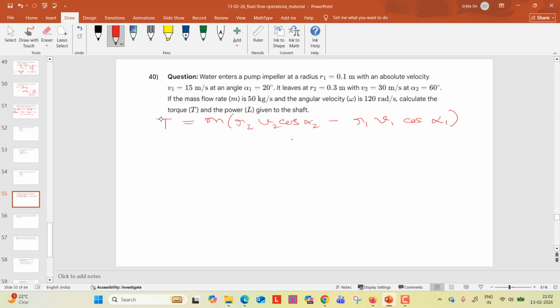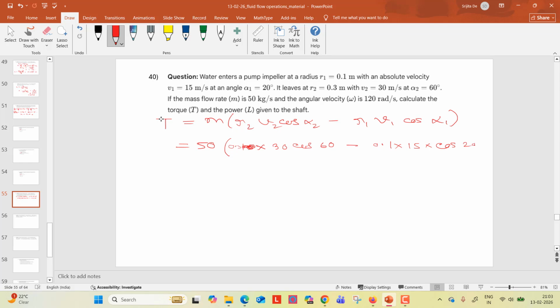So it is 50 into r2 is 15 into v2 is 30, cos alpha 2 is like cos 60, minus r1 is 0.1, r2 is 0.3, sorry, 0.1 into v1 15 into cos 20.